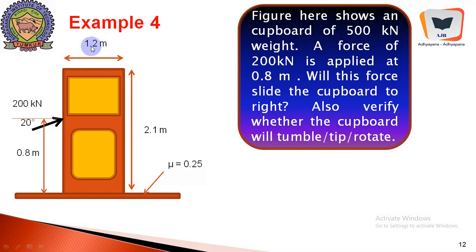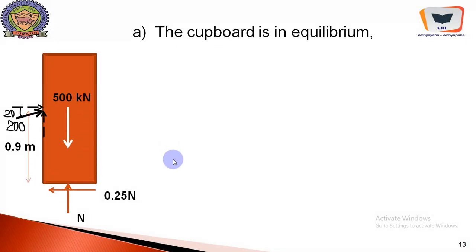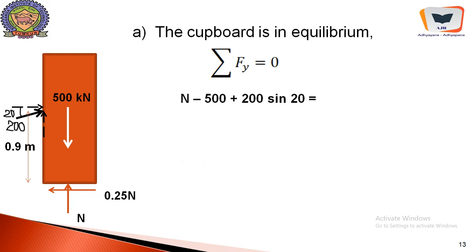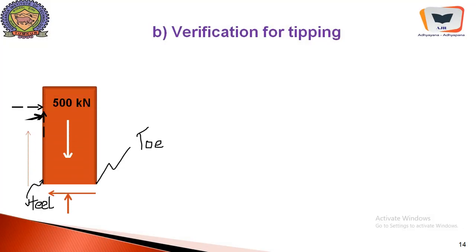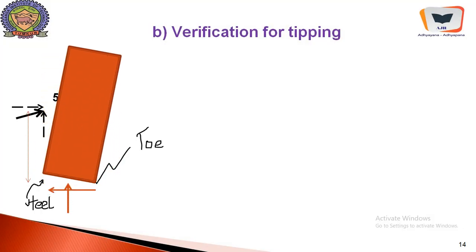We will make this 0.7 meter. I don't know why it has changed, sorry. Anyway, sigma Fy equal to 0, N minus 500. All these things are explained. This is about tipping. We have come here.